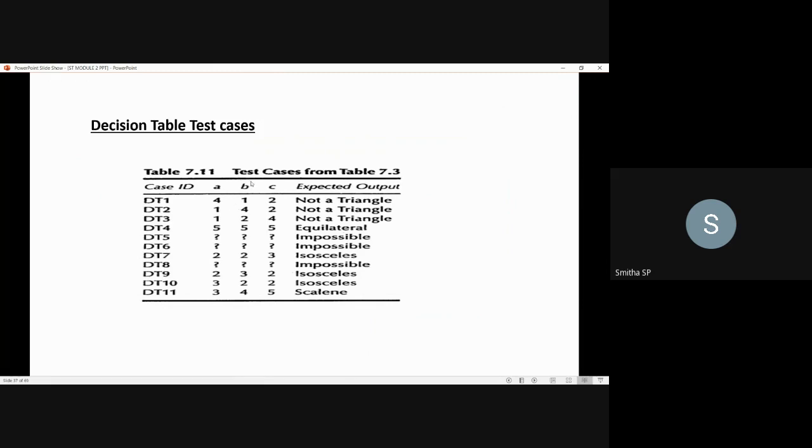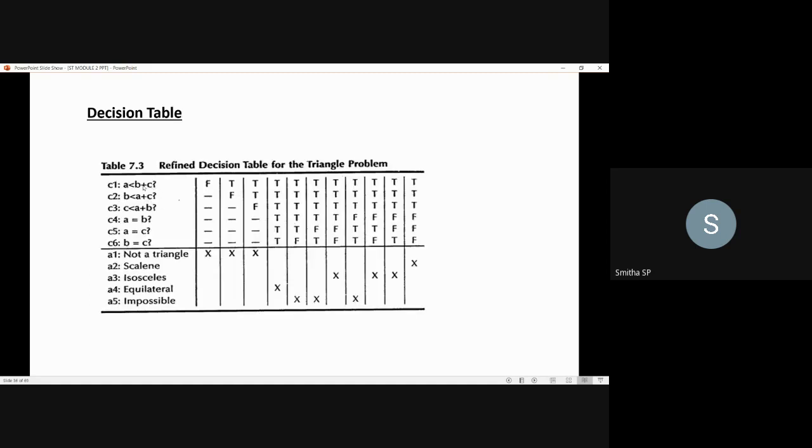We know that three sides are there, A, B, C. Now decision test case 1, DT1, that is the case ID you have given for test case 1. Now, what is the action you have taken here for C1, that is A1, that is not a triangle. So, what is the condition here? A is less than B plus C. Likewise, you have to give the inputs now.